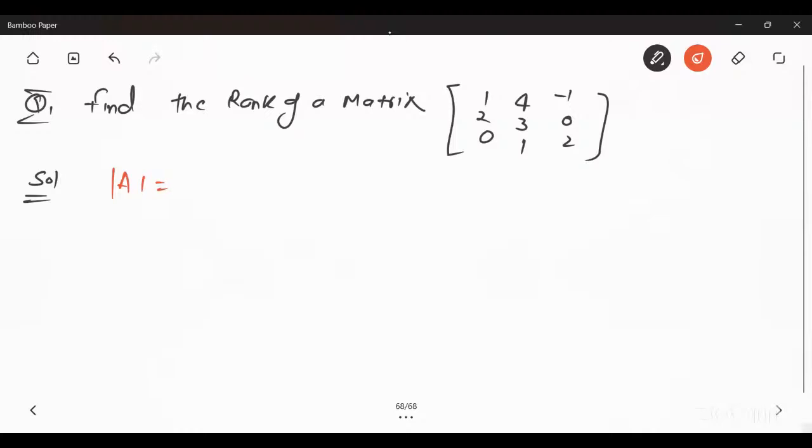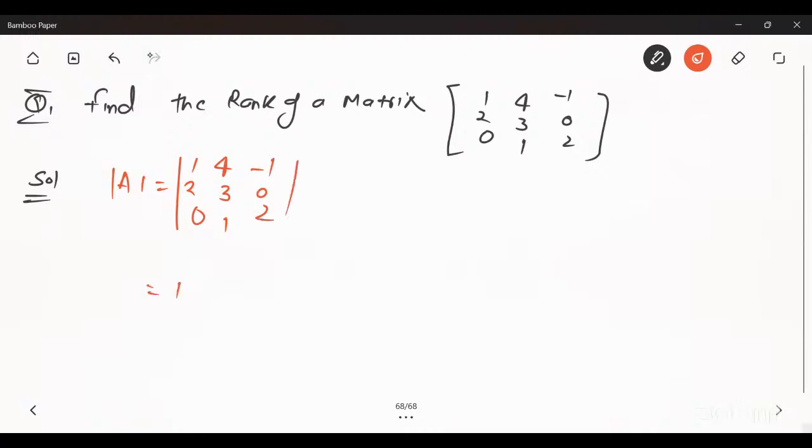So A is equal to 1 2 0, 4 3 1, minus 1 0 2.